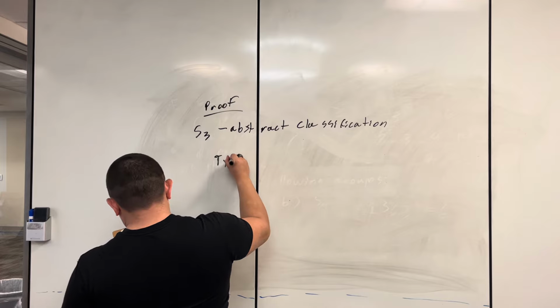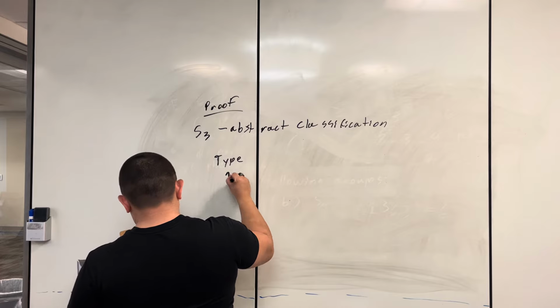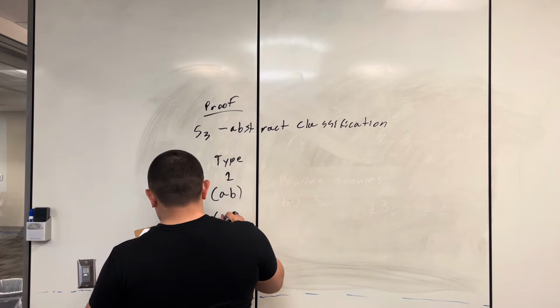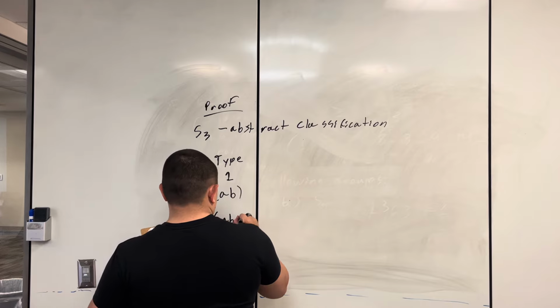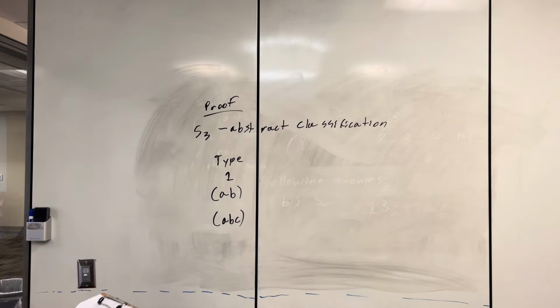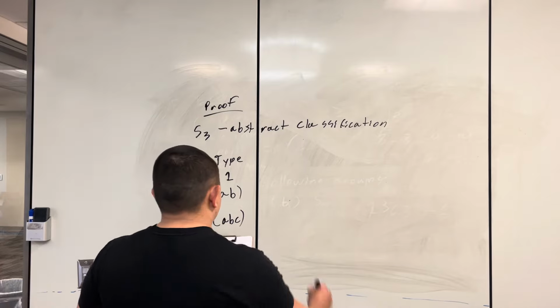Type: 1, (AB), (ABC). So these are the types here. So we have the identity, (AB), (ABC), and representatives.